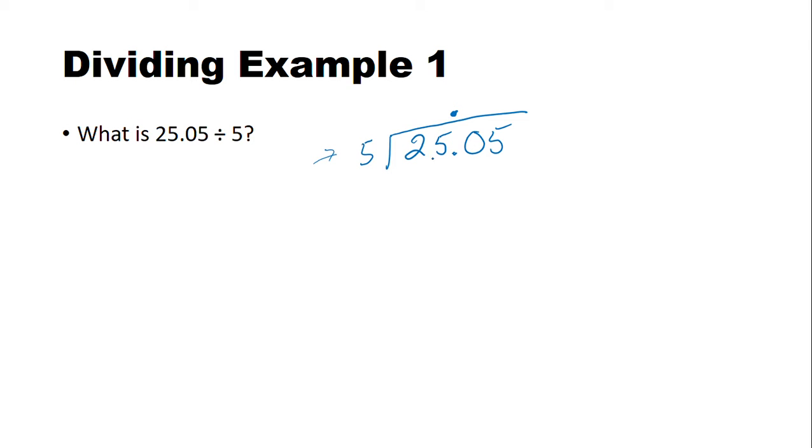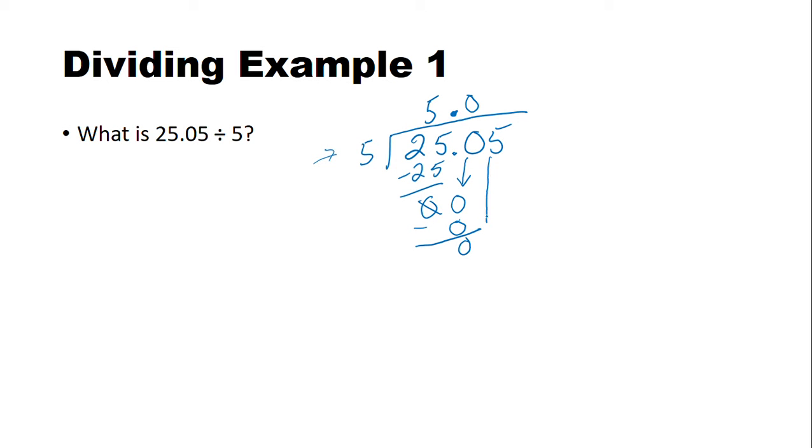So 5 goes into 25 5 times. Take that out, and I get 0, but I still have to deal with these other numbers. So I bring down the 0, 5 goes into 0 0 times. Take away 5 times 0, which is 0, and I get 0.